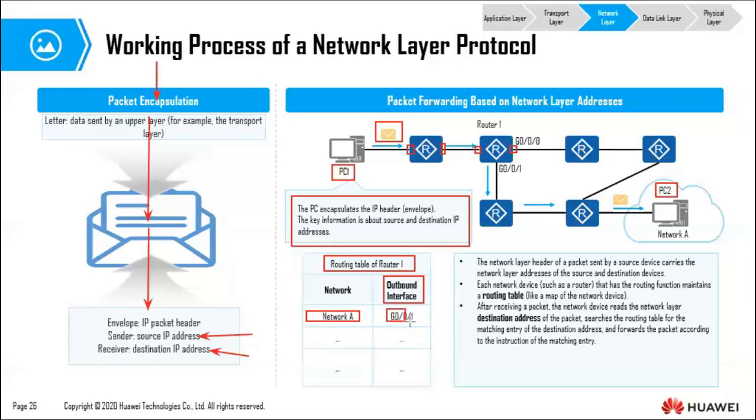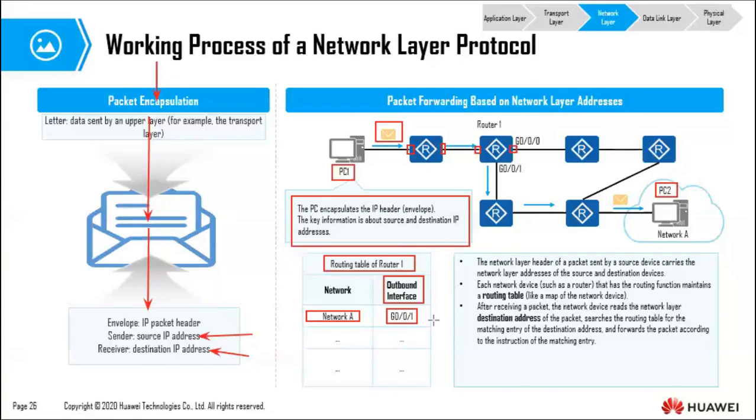The outbound interface means if you have a packet that is destined for network A, please send it out through this interface. Normally, every port in a router has a name and a number. So for example, G is for gigabit. Gigabit means it can transmit at 1,000 megabits per second, or 1 gigabit per second. So that's the name, gigabit.